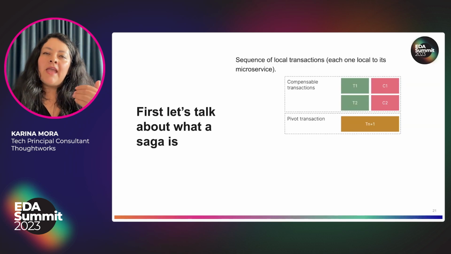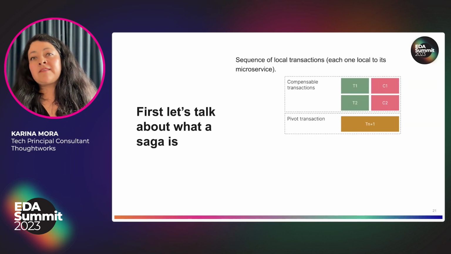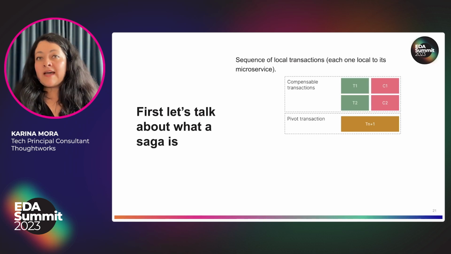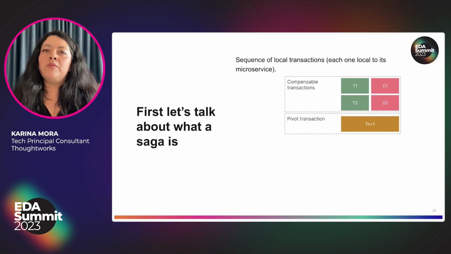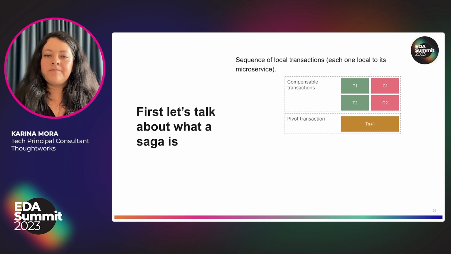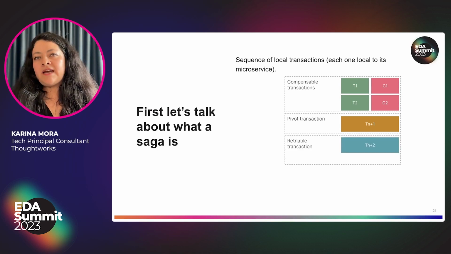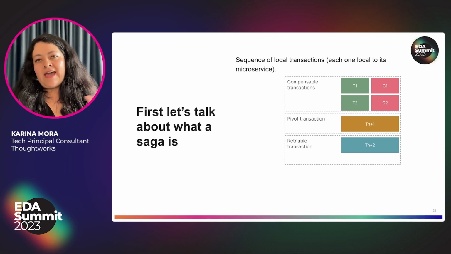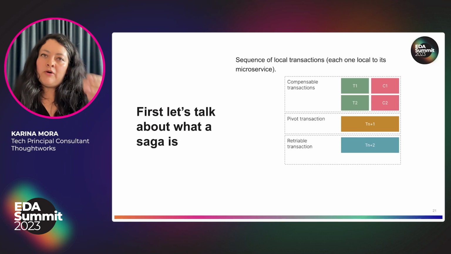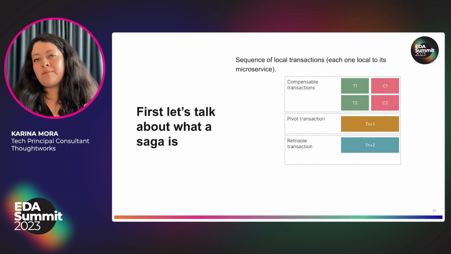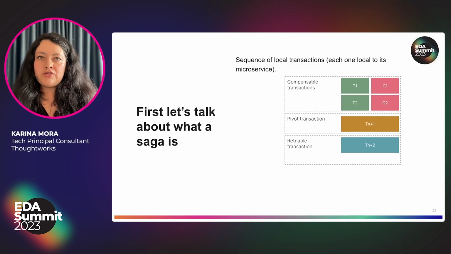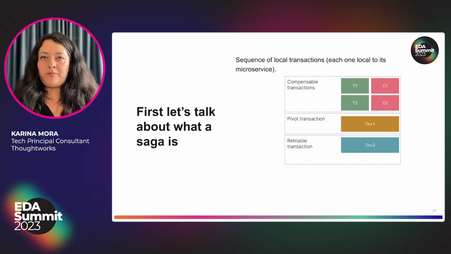After I have these compensable transactions, this is like a conditional: if this transaction is successful, then I will move to the next stage. And the last stage is the retriable transactions. It means that now that I have passed all the compensable transactions and my pivot transaction, if this fails, I will just continue until it is successful, because the conditions were covered in the previous steps.